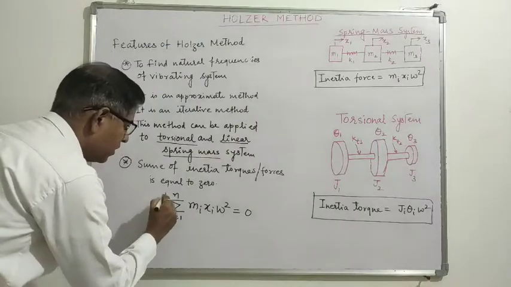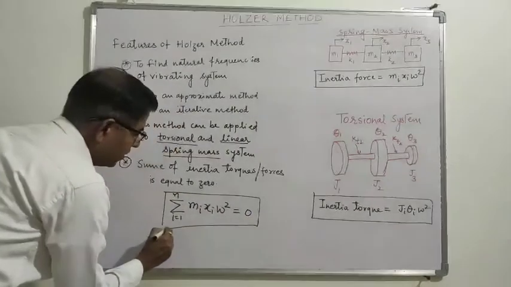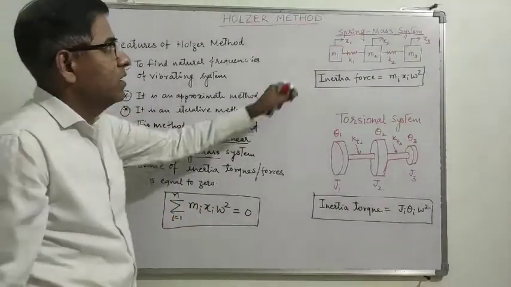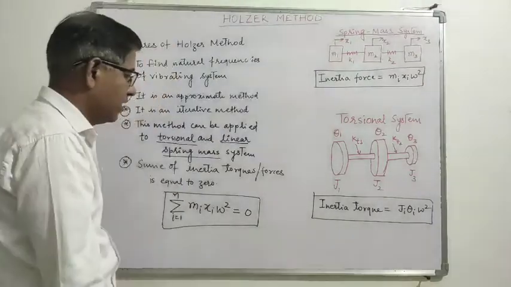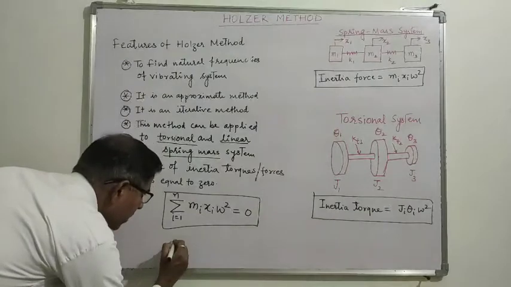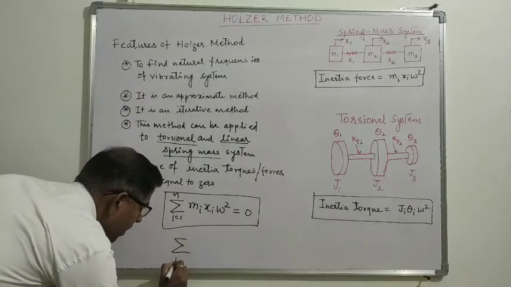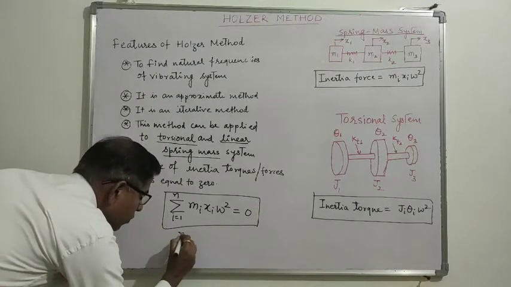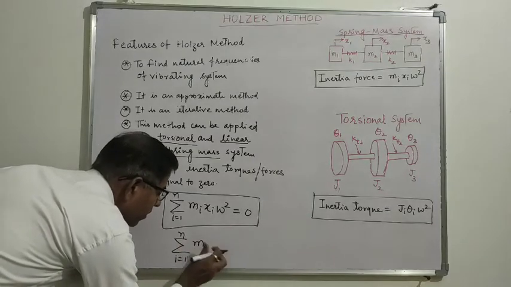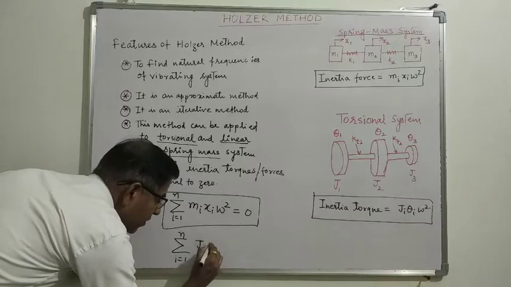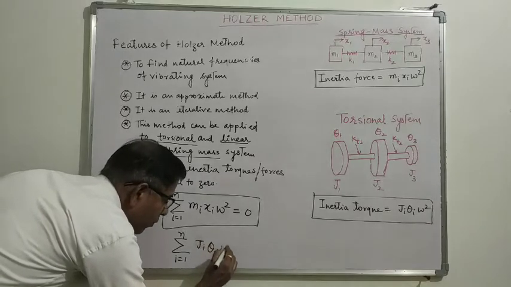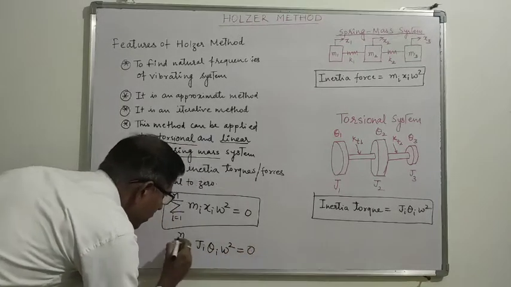So this is the principle on which the Holzer method works as far as the spring mass system is concerned, and in the torsional system it is, for i equal to 1 to n, the summation of Ji thetai omega square equal to 0.